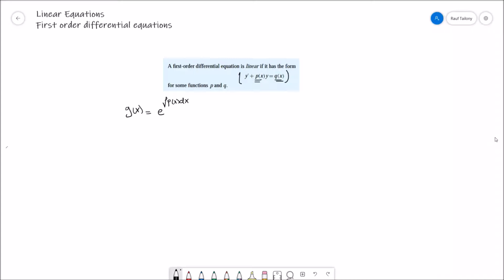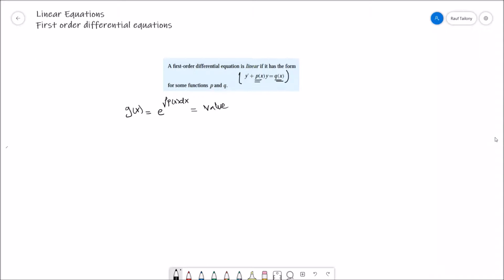After a while we will know why we call it integration factor. To find the integration factor, you just plug in the p of x value, which is in your equation, into the function g of x. Then you find the value of this function.